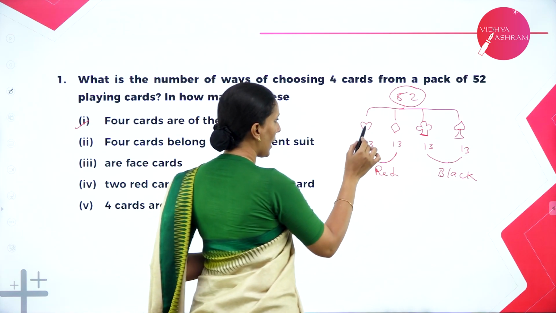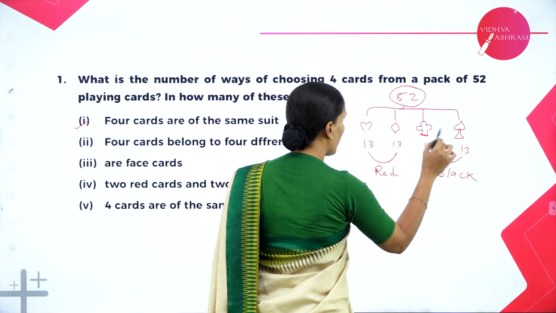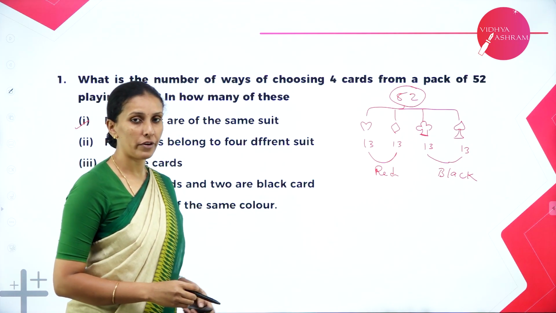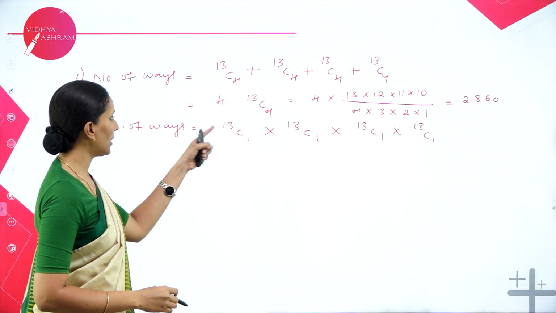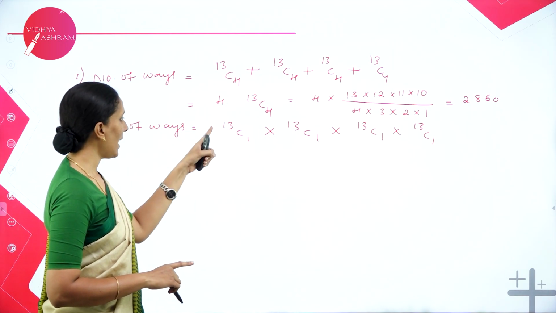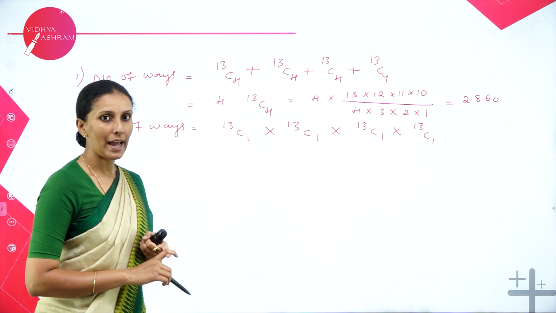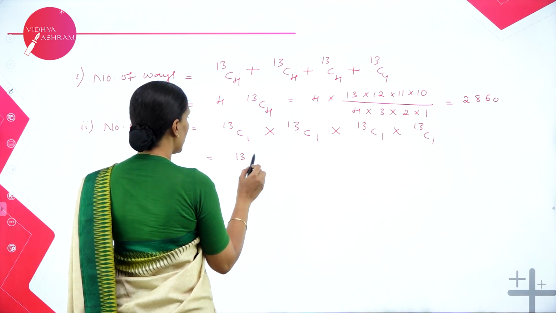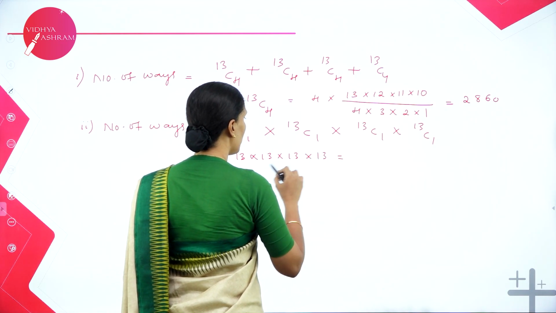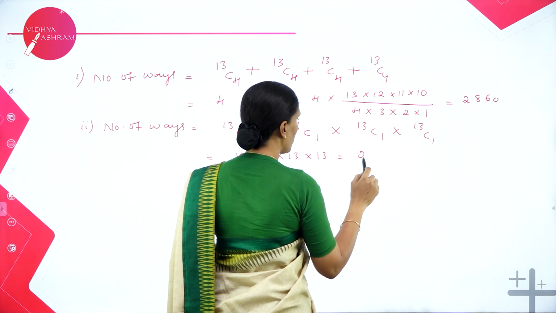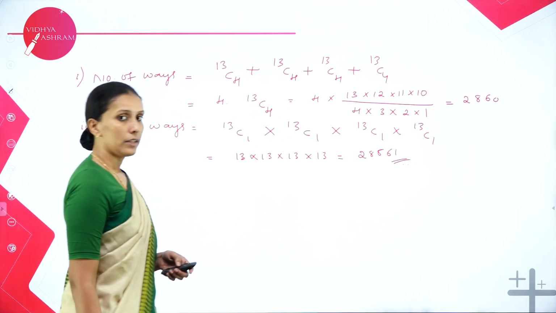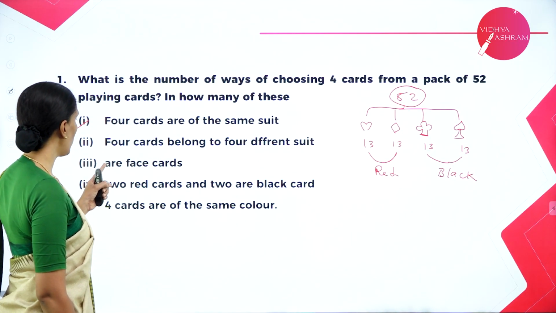So that means I need to select 1 card from each suit. So there will be 4 cards which are of 4 different suits. So therefore here we have 13C1 into 13C1 into 13C1 into 13C1. We know that nC1 is equal to n. So therefore here 13 into 13 into 13 into 13, that is 13 power 4, whose value is 28,561.